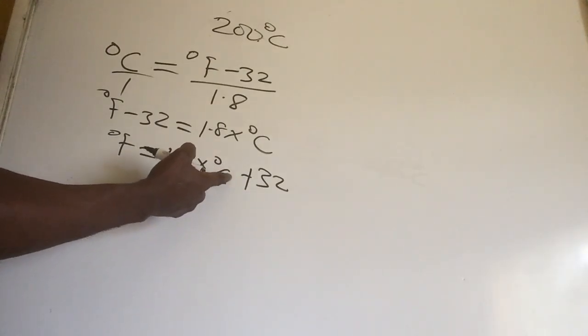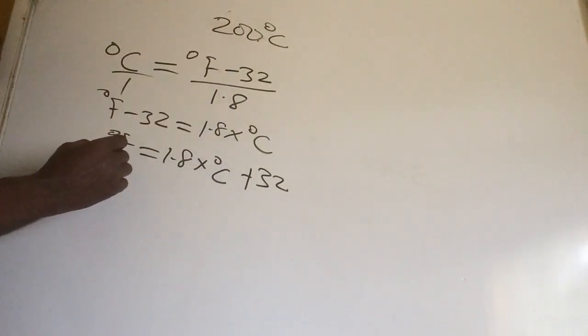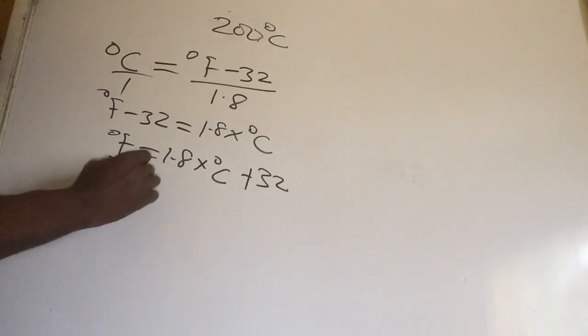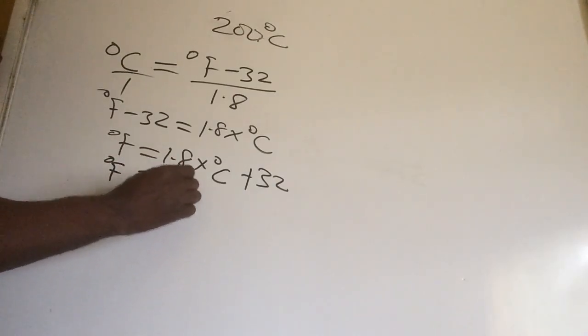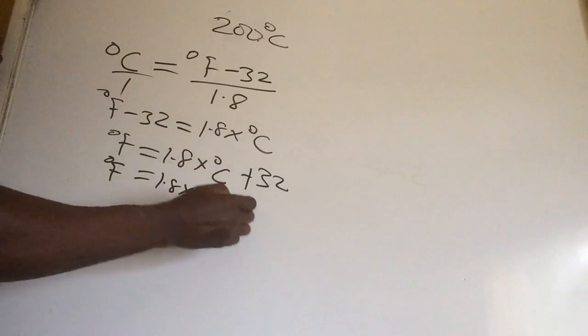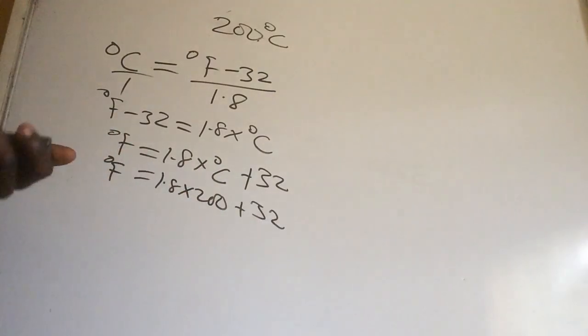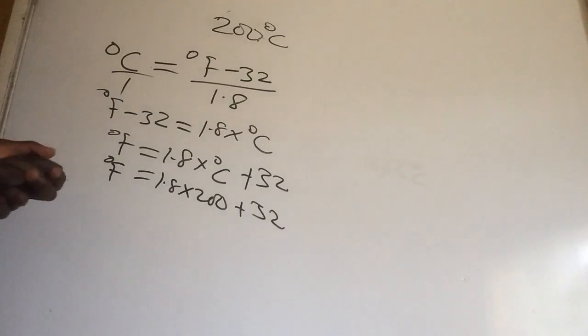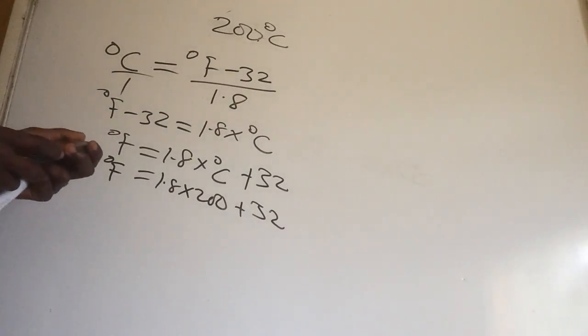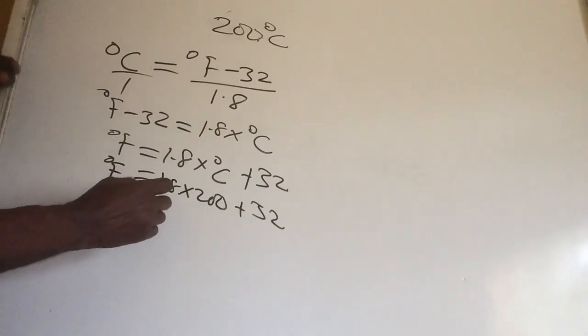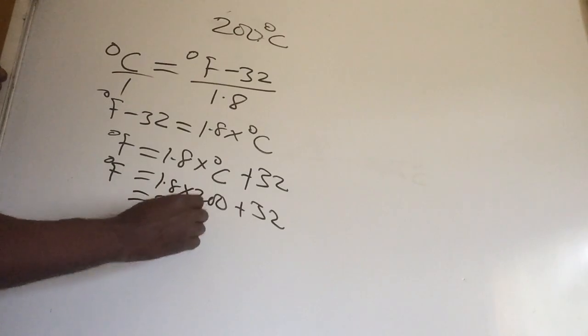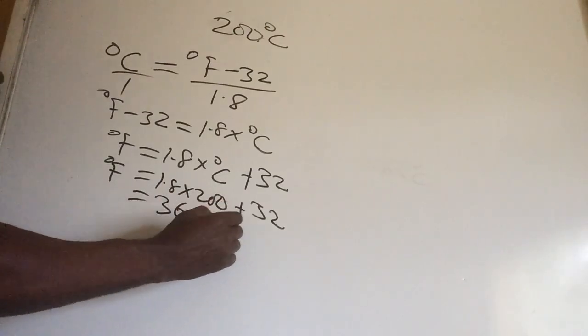Now, our degrees Celsius is 200. So we have Fahrenheit equals 1.8 times 200, plus 32. When you multiply 200 by 1.8, we have 360 plus 32.